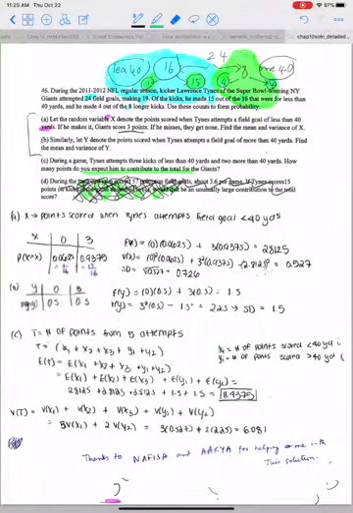Here we have 24 field goals, of which 16 are less than 40 yards, of which 15 were successful and 1 was unsuccessful, and 24 field goals attempted, of which 8 were more than 40 yards, of which 4 were successful and 4 were unsuccessful.